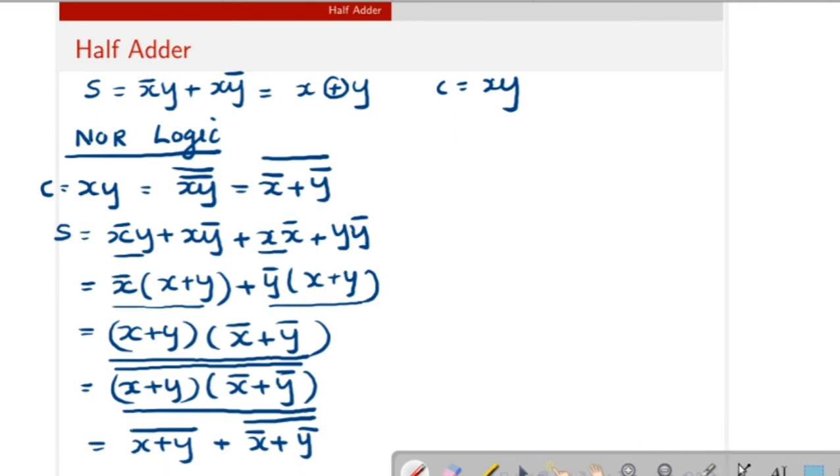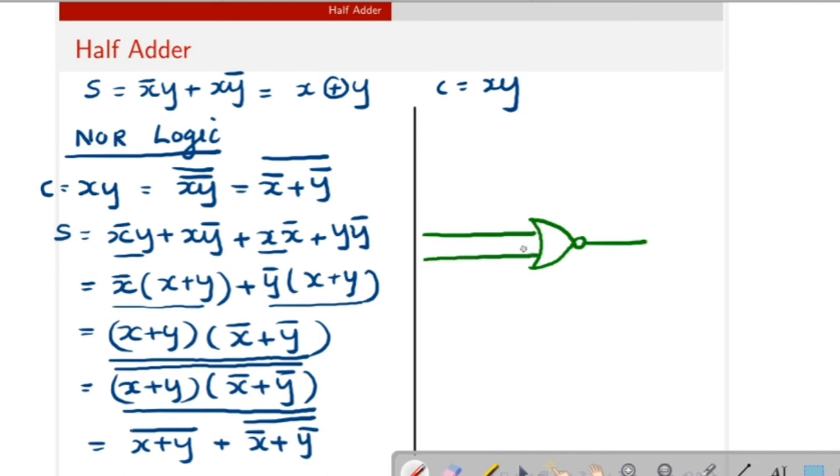First we can draw the circuit. We take x and y inputs given to a NOR gate.